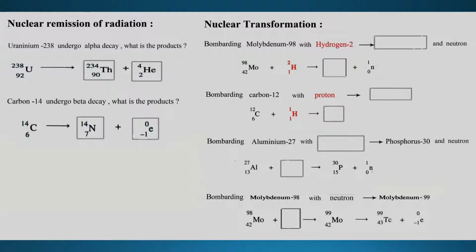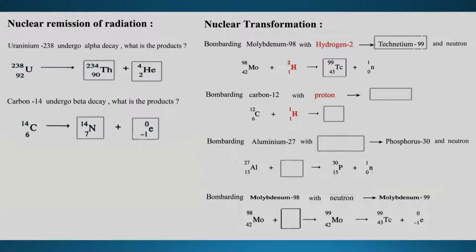Nuclear transformation. First question. Can you work out what the product is? 42 plus 1 gives 43. 43, you look up the table, is Tc. 98 plus 2 gives 100, minus 1. This is Tc 99. Next question.